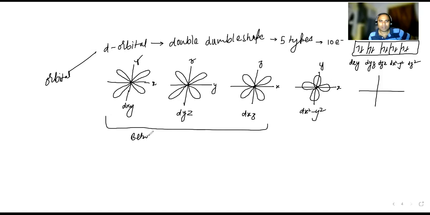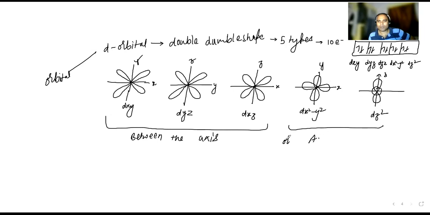Yes or no? Between the axis. But here, along the axis, so it becomes the square. Another one, if this is the z axis, that is dz square. The lobes are along the axis.